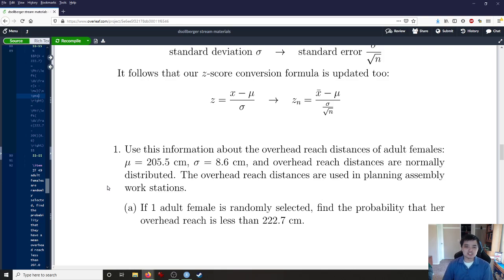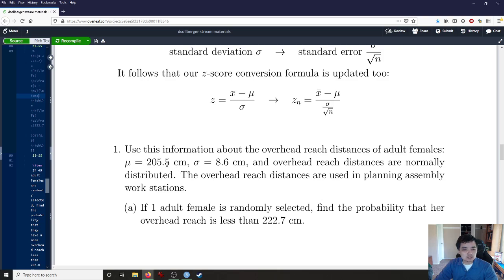We'll run this through an example. Admittedly, this example is quite old-fashioned, several decades old, but nevertheless, I like the wording of it because it's a little easy to grasp. Reading off the example: we're going to use this information about overhead reach distances of adult females.